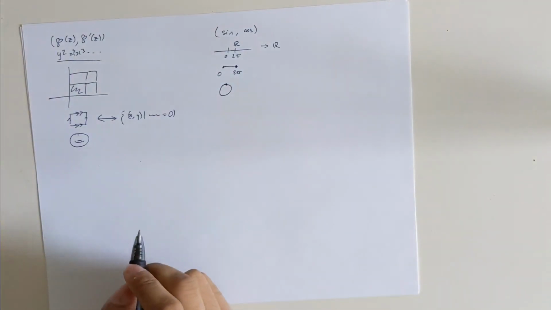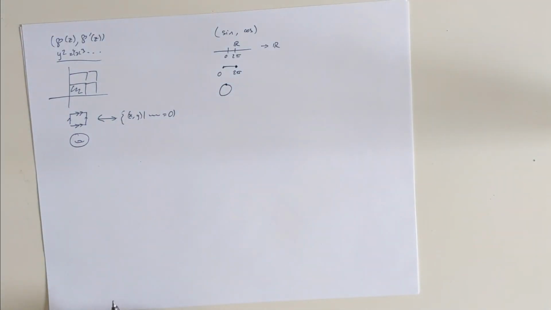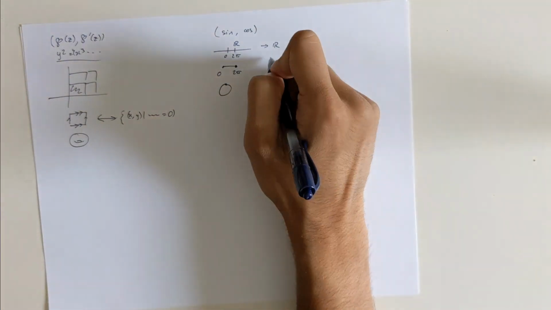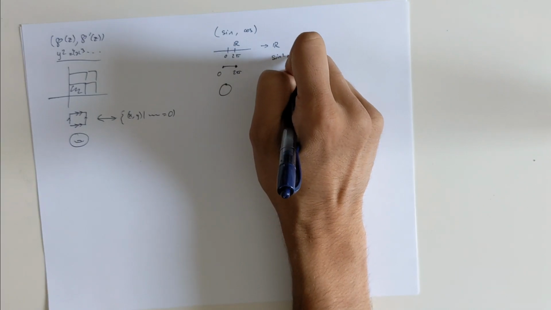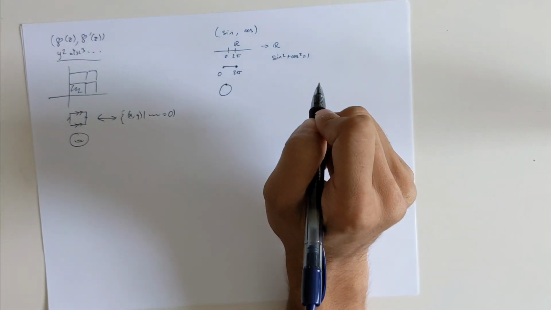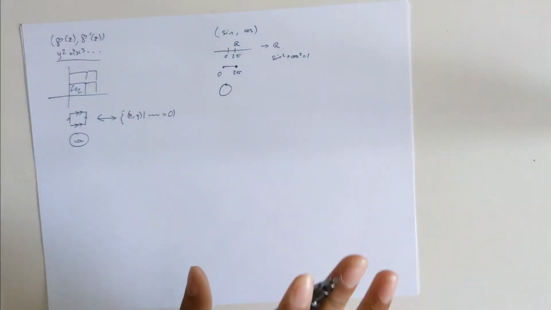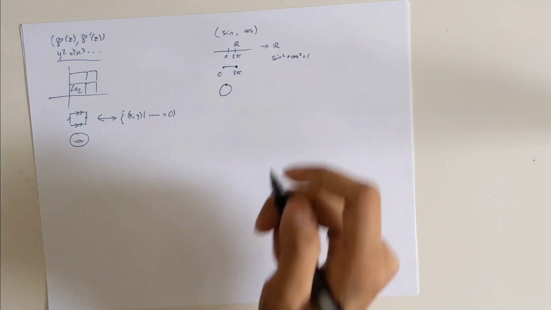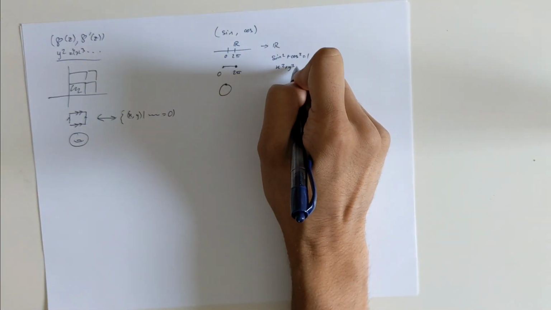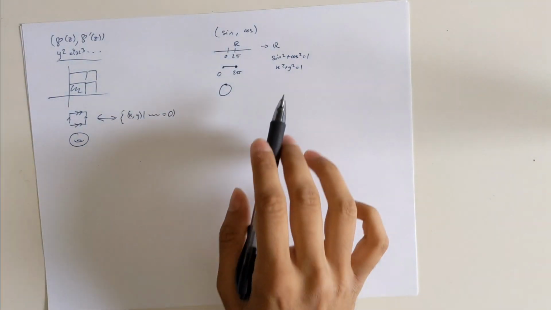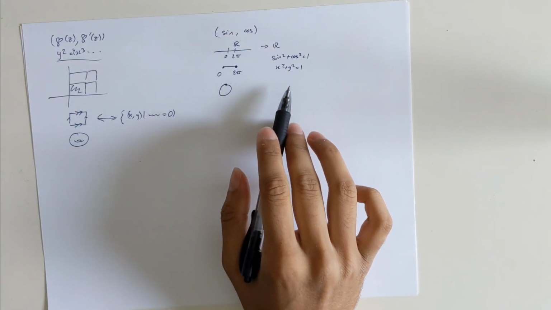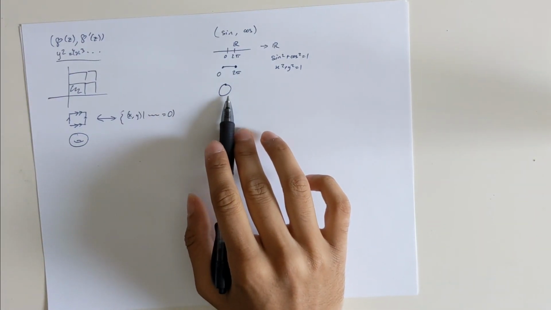And if we identify the two sides of an interval, topologically what we get is a circle. And so because sine squared plus cosine squared is equal to 1, without actually having to graph anything, suppose a priori we didn't know that the equation x squared plus y squared equals 1 traces out a circle. We can show, because sine and cosine parameterize this, that it has to be topologically a circle.